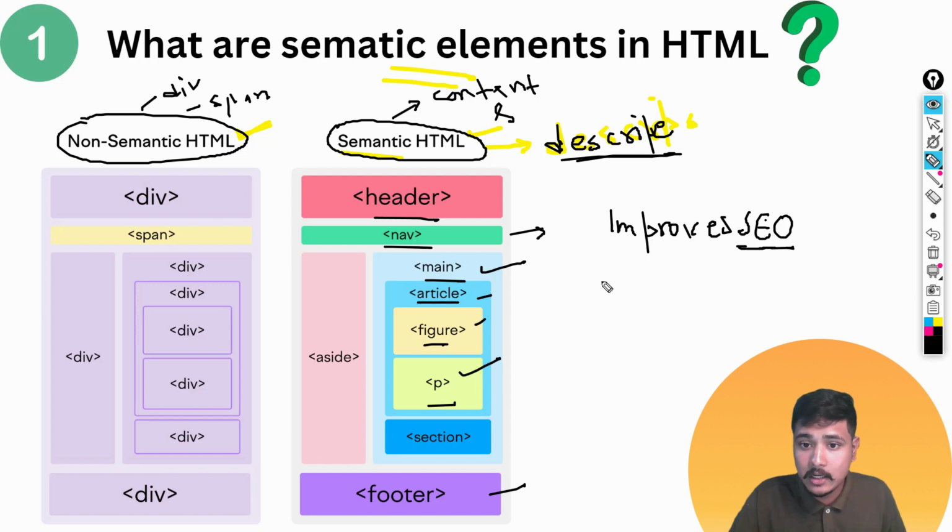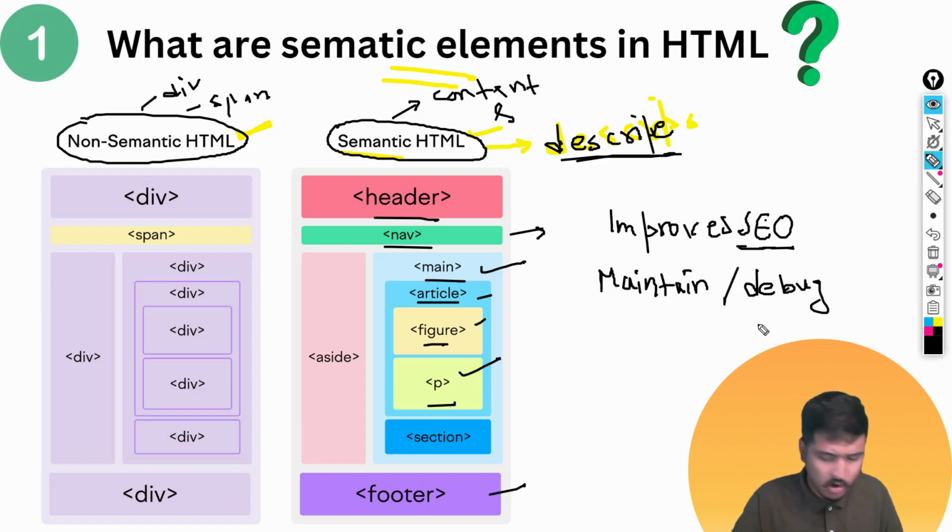Not only that, it also improves maintainability. You can maintain your website better. Suppose I have some issues in the website, I can tell another developer to look into the nav tag. That simply makes my website more maintainable. It also makes it easy to debug the code.